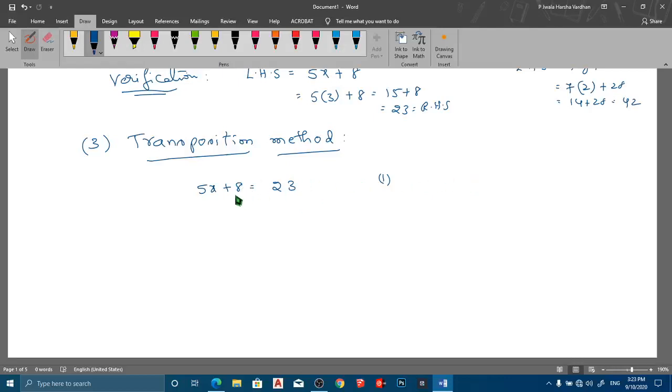If you shift a negative number from the right side to the left side, or from the left side to the right side, that negative number will become a positive number. If it is plus 8, when it shifts to the right side, it will become minus 8. If it is minus 8, when you shift it from left to right or right to left, it will become plus 8. The sign will change; you have to take the opposite sign.